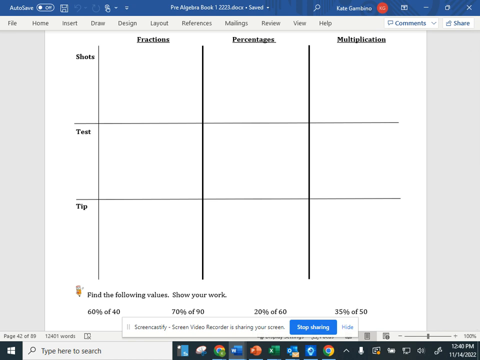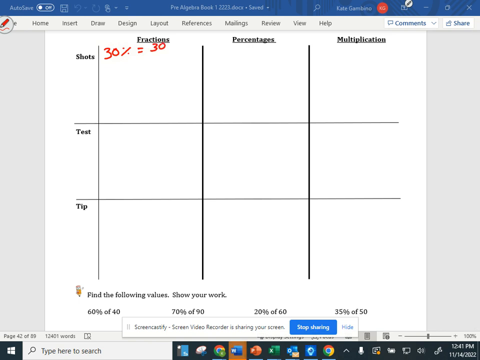So for our first one, she took 20 shots and made 30% of them. How many shots did she make? We're going to look at using that in fractions. We know she made 30%. So what fraction would that equal? 3/10, 15.